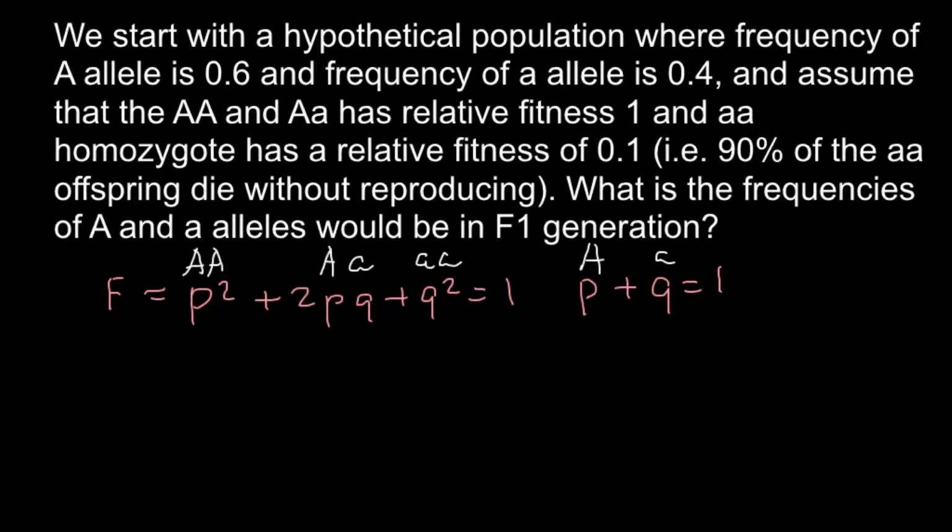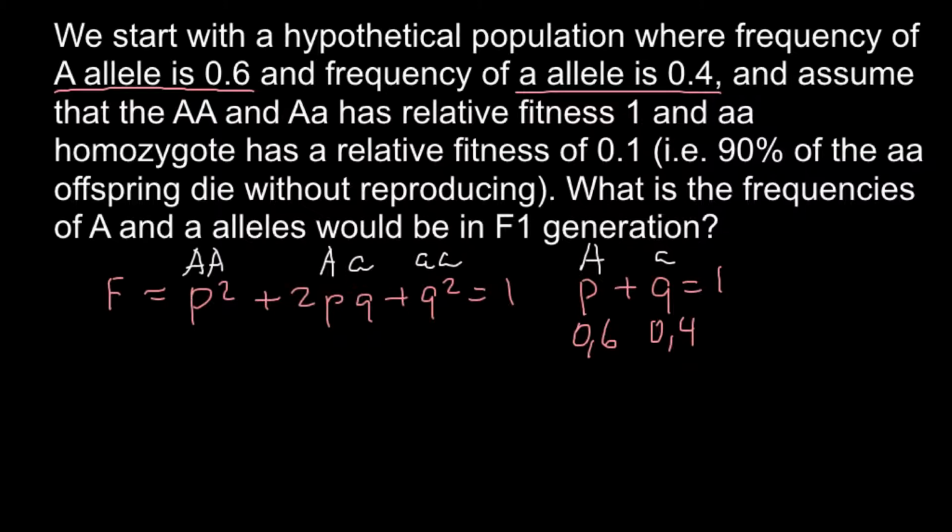We know that the frequency of the capital or dominant allele A is 0.6, so we can put this frequency here. This is going to be 0.6, and the frequency of the small a allele is 0.4.